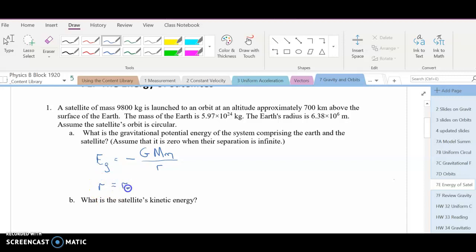It should be the radius of the Earth plus the altitude. To be careful, I'm just going to calculate it separately so that I don't use the wrong one. So there's the radius of the Earth in meters. And they gave me the altitude in kilometers, but I need to make sure that I put that in meters, okay, because I want to work in standard units.